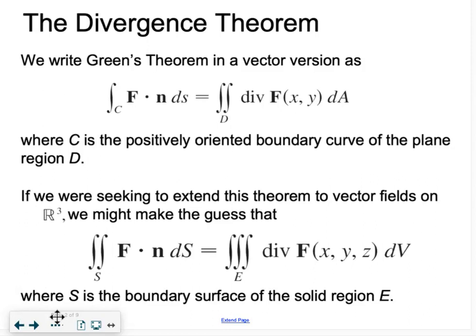So we've established that the line integral f dot n can be computed as the divergence over the area. Now we've got that the surface integral f dot n can be equated to the triple integral over the volume of the divergence. And so that's a guess. Is it true? Yes, it is.